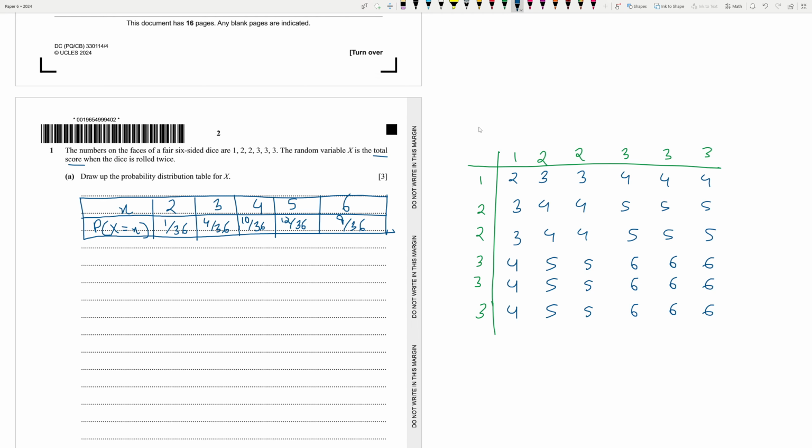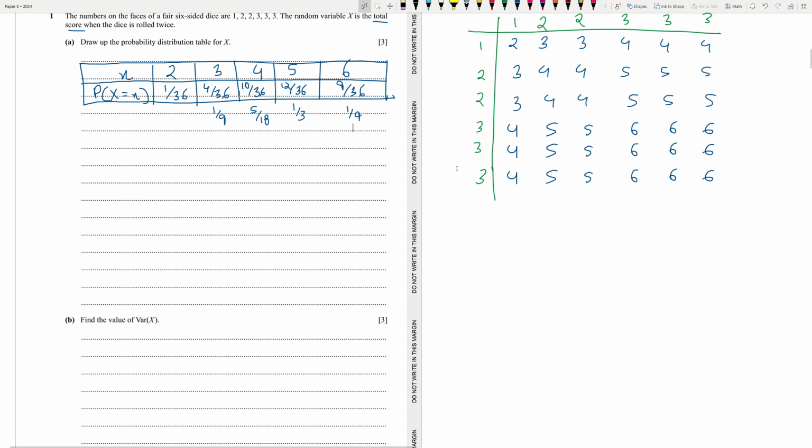You could keep this as 1 by 9, then 5 by 9, 6 by 9, which is 2 by 3. Anything works, honestly. Sorry, 1 by 3, yeah? And 1 by 4. So alternates include, you could write this as 1 by 9, this as 5 by 18, then 1 by 3 or 1 by 9. Anything works, okay?